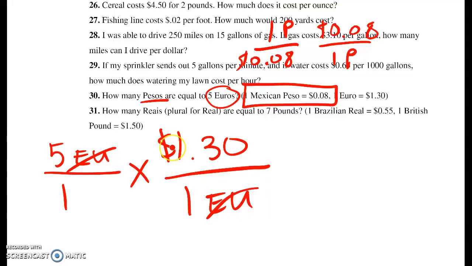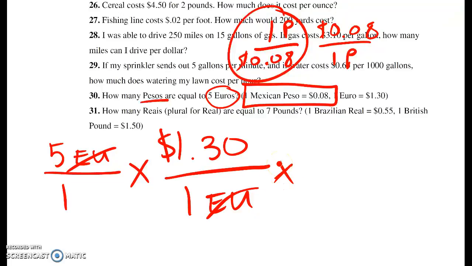I'm going to do the same thing I did before. I don't want dollars on the top; I want pesos on the top. So I'm going to use whichever one of these formulas it takes to cancel out my dollars. I'm going to be using this one, so I'll add that one here.